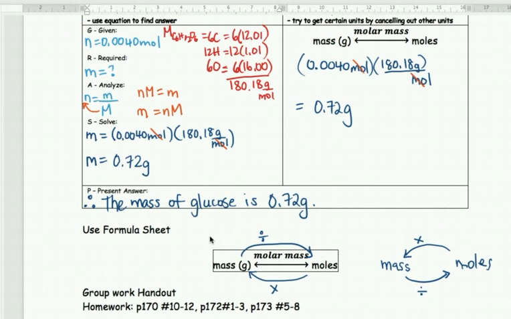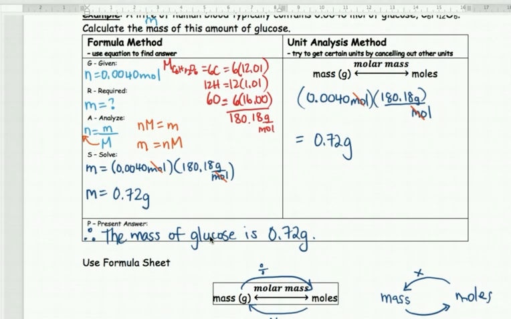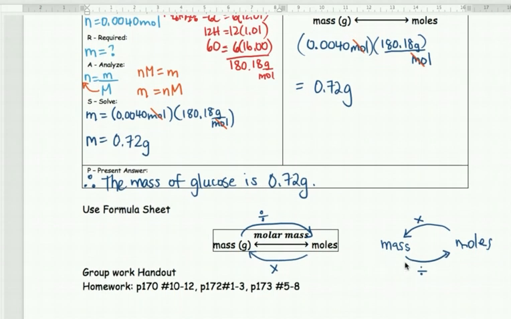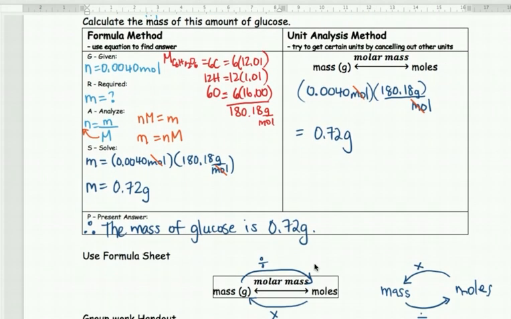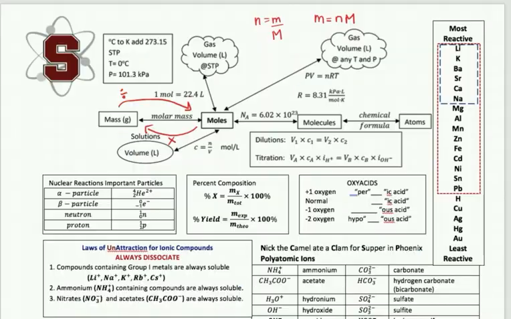But again, this is you memorizing letters to figure it out. With the formula method, you have to look at the formula and rearrange it sometimes. This is on the back of your formula sheet, so it might jog your memory as well.